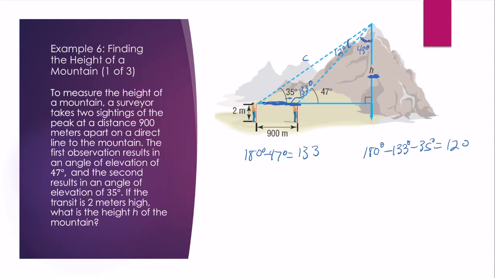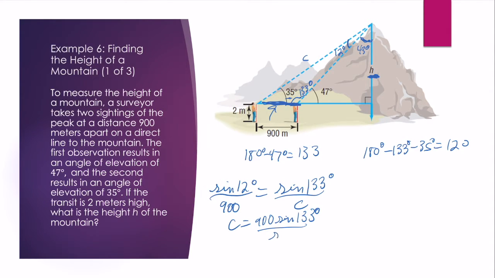Because I know all my angles, and I know this length down here, I can say that the sine of 12 degrees over 900 is proportionate to the sine of 133 degrees over C. So C is 900 sine of 133 degrees over sine of 12, which is about 3,165.86.